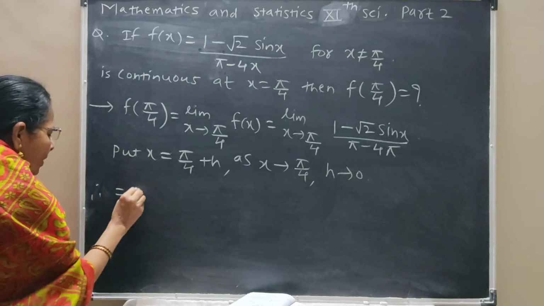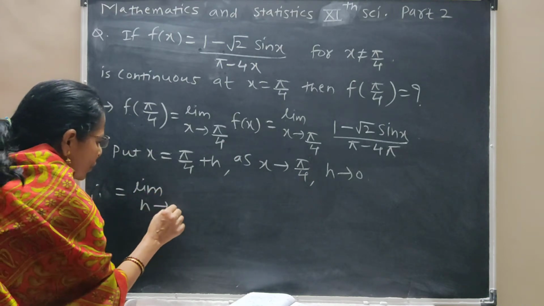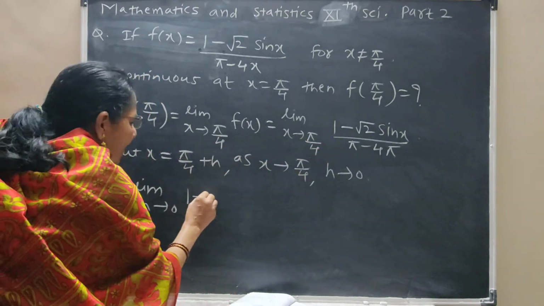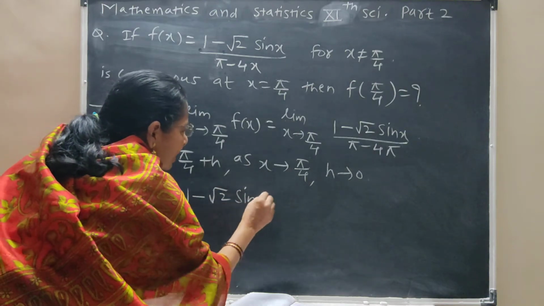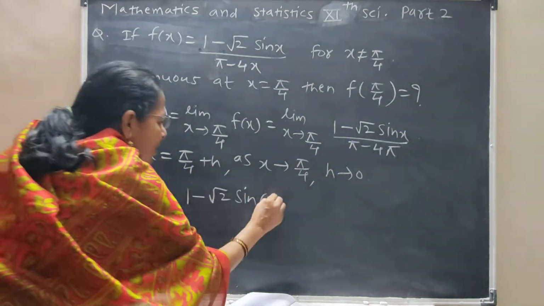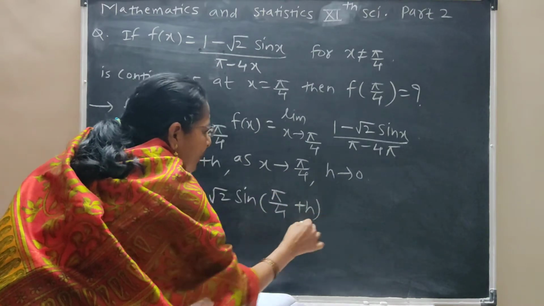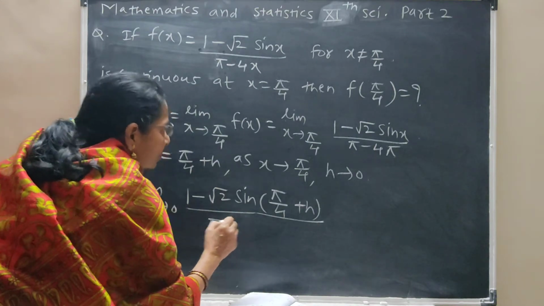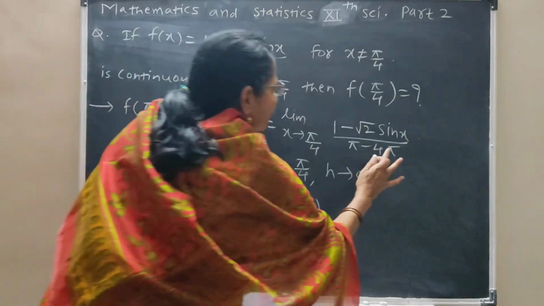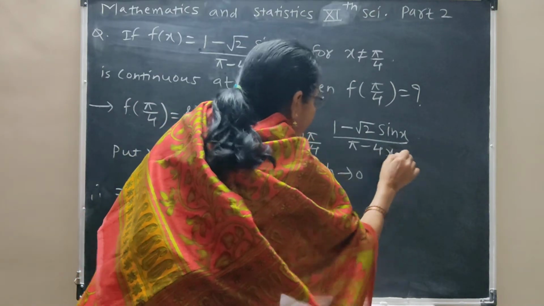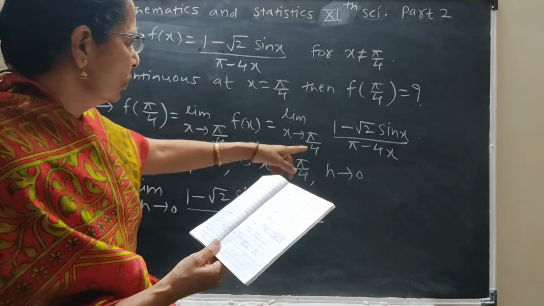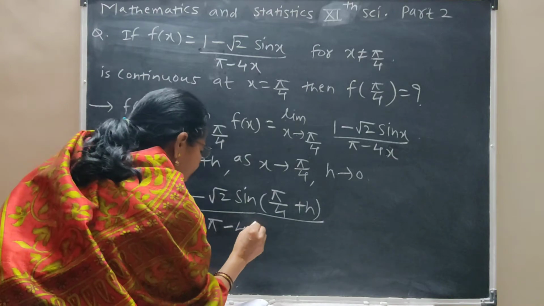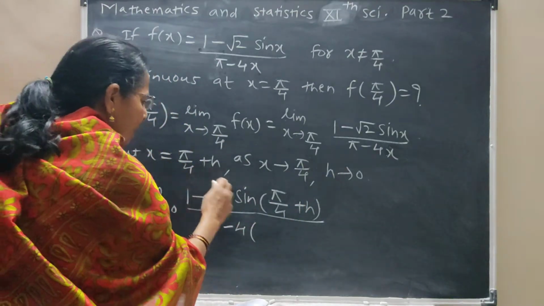Therefore, it is equal to the limit as h tends to 0 of (1 minus root 2 sin(pi by 4 plus h)) upon (pi minus 4(pi by 4 plus h)).